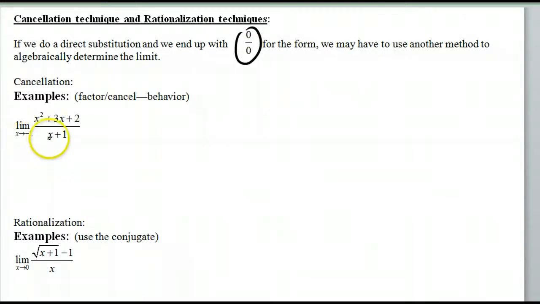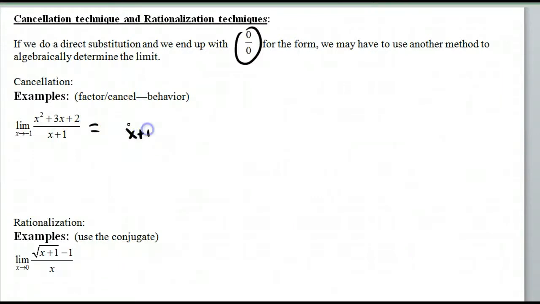So if I look at this one, first of all, I plug in negative 1. If I plug in negative 1, I'm going to get 0 over 0. So this is my indeterminate form. When I see this indeterminate form, I'm going to have to try to resolve it if possible. So I'm going to factor this one.